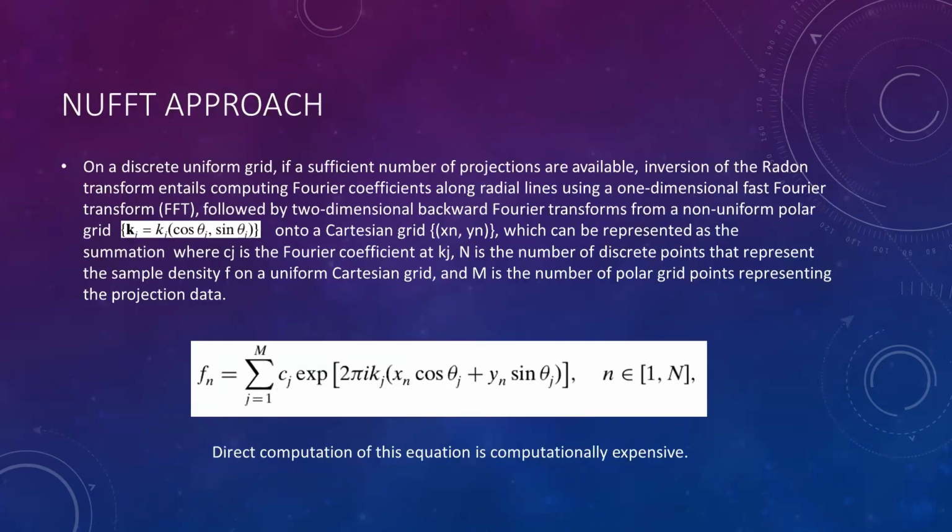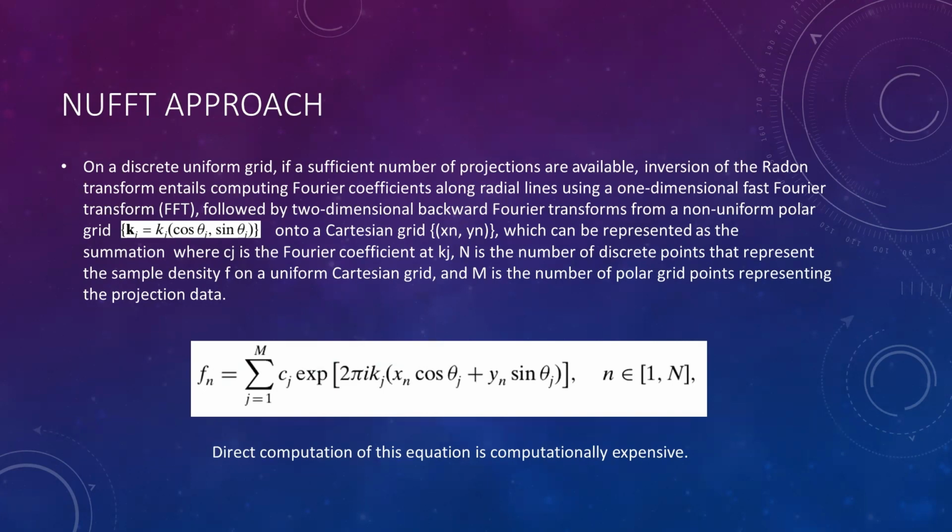And now coming to the NUFFT approach. When sufficient projections are available on a discrete uniform grid, inverting the Radon transform involves computing Fourier coefficients along radial lines using a one-dimensional fast Fourier transform. This is followed by a two-dimensional inverse Fourier transform from a non-uniform polar grid onto a Cartesian grid.